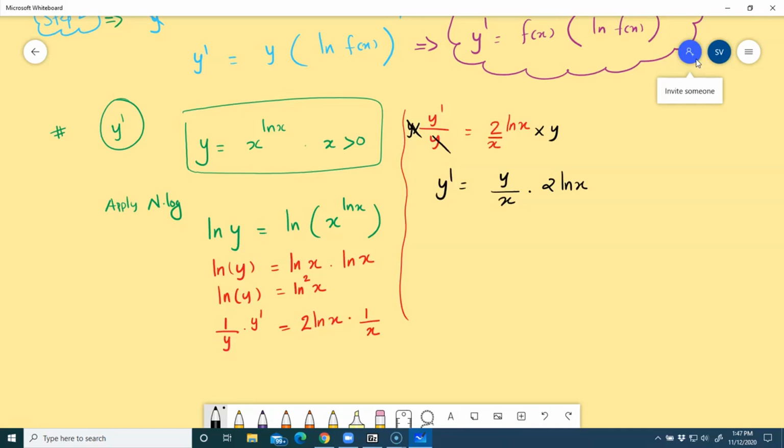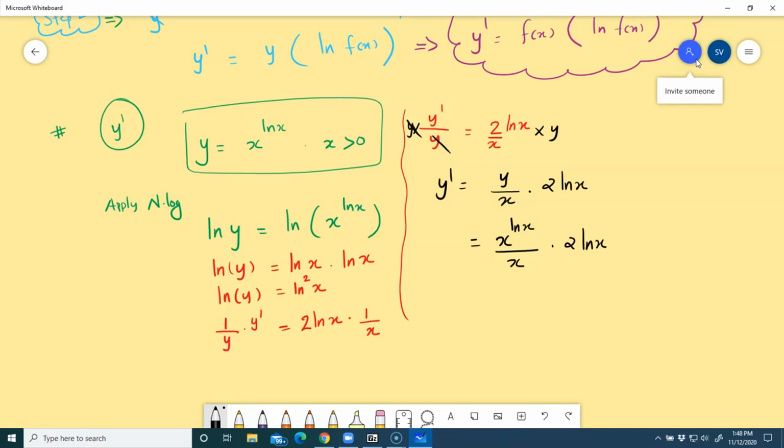Sometimes some teachers will not accept this, because they will say this is not the simplest form, so you have to substitute y. What is y? y is x to the power ln x. So x to the power ln x by x times 2 ln x. There is an opportunity for another simplification: x to the power ln x by x.